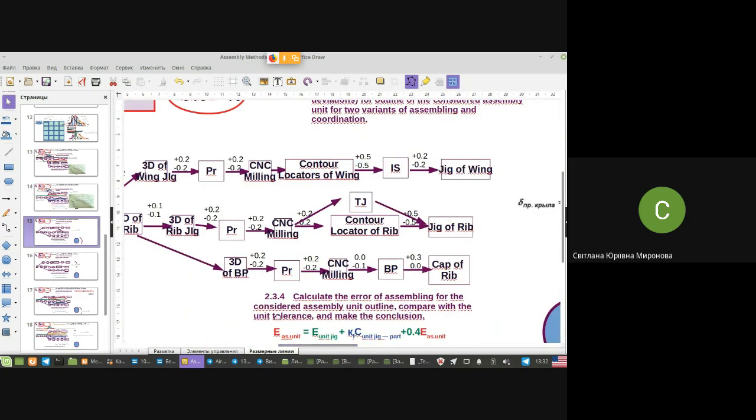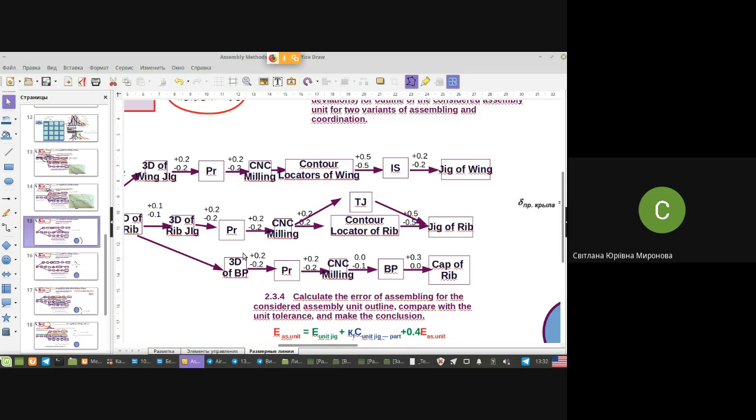The difference, once again, is that in this case you don't use the complex, expensive, and awkward technique for mounting the jig. You use a more primitive technique. Both the locator of contour and templates may be produced by using programs, CNC milling machines, and so on.